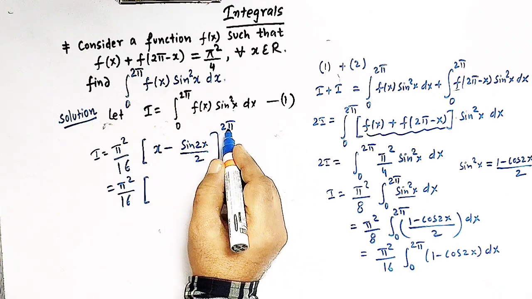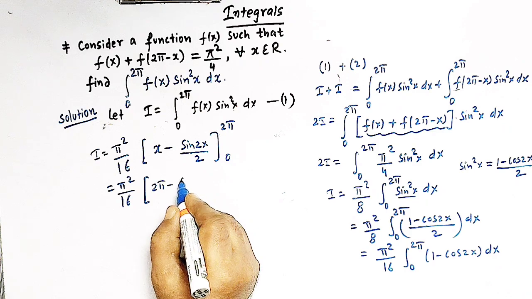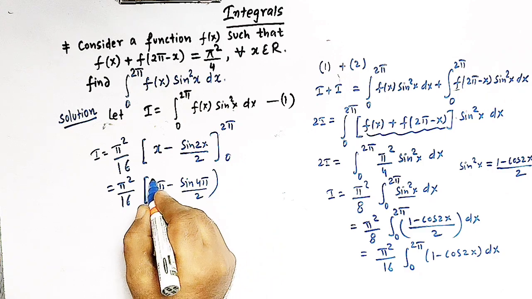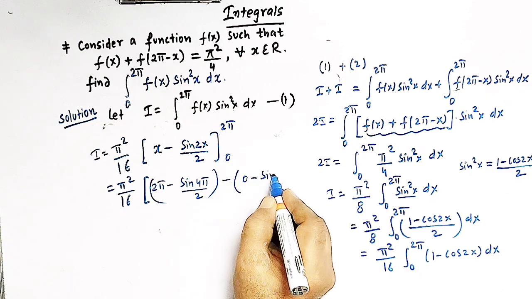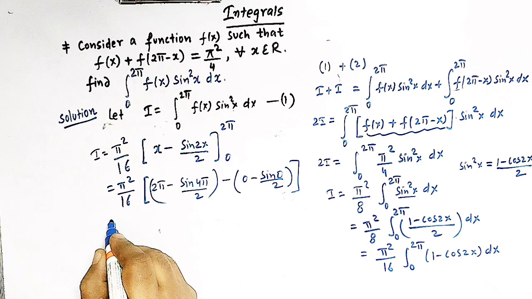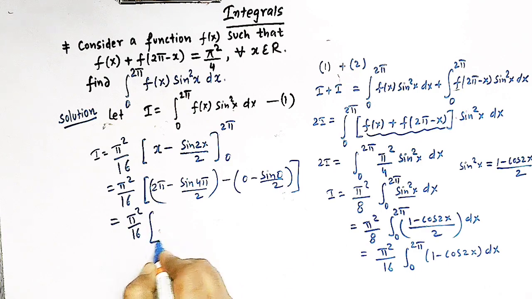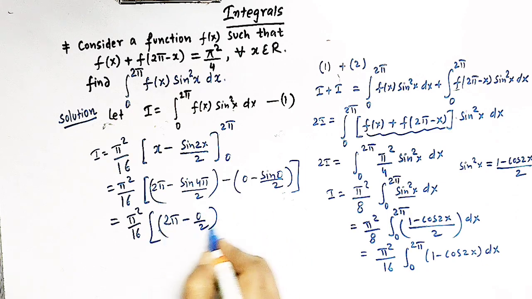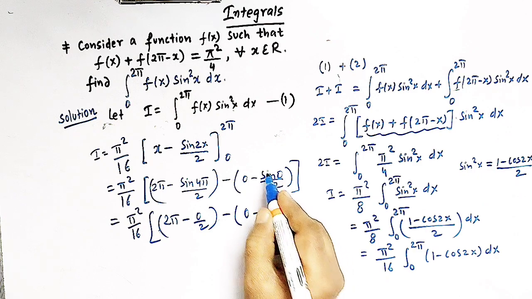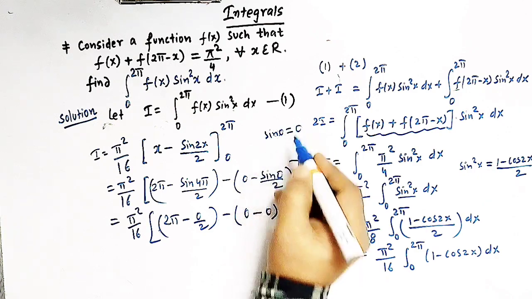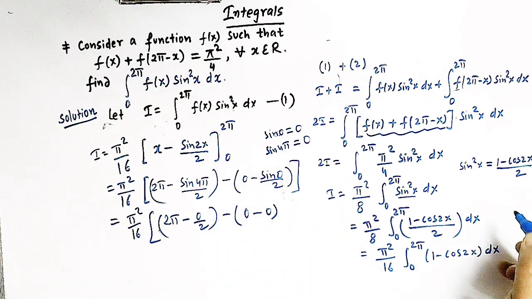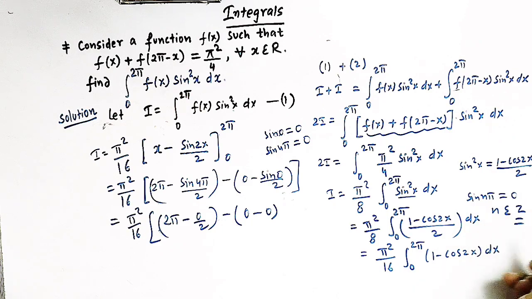So when x is 2 pi, we have 2 pi minus sine 4 pi over 2, and then we have 0 minus sine 0 over 2. So this is pi square over 16. This is 2 pi. Sine 4 pi is 0. And here we have 0 minus 0, because sine 0 is 0, and sine 4 pi is also equal to 0, because we know sine n pi is equal to 0 for n any integer, right?